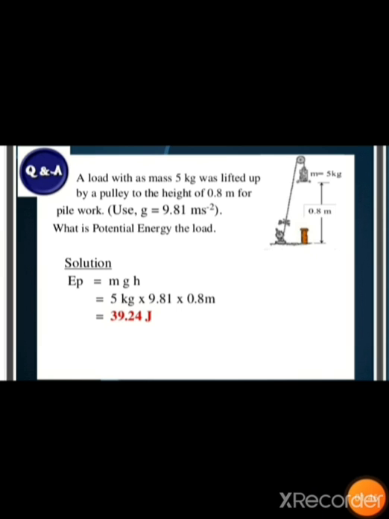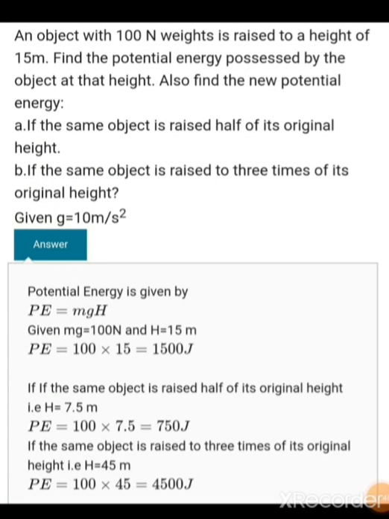Now coming to the next problem: an object with 100 Newton weight. I told you many times that if weight is given in Newton, the unit Newton means it is your force, or you can say mg, that is equal to weight. But if the unit is given in kilogram, then we have to take it as mass.